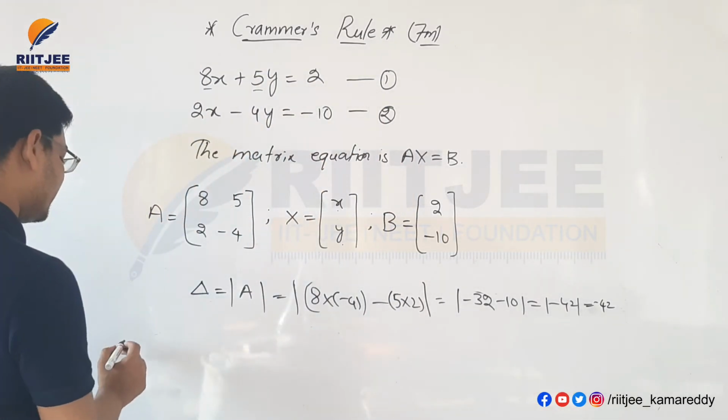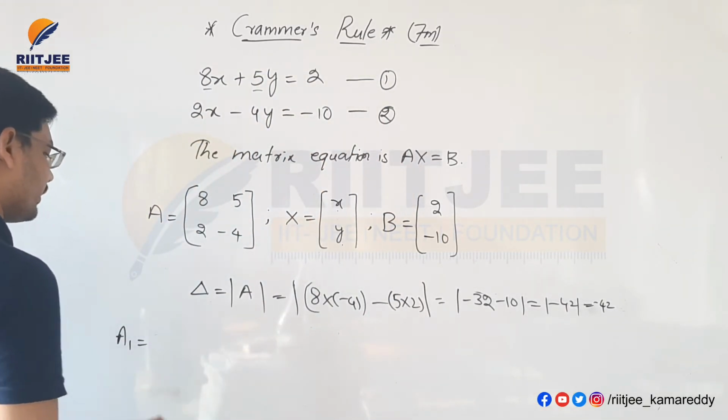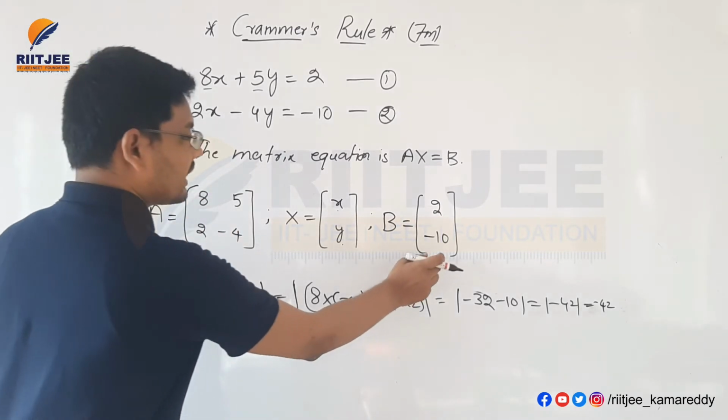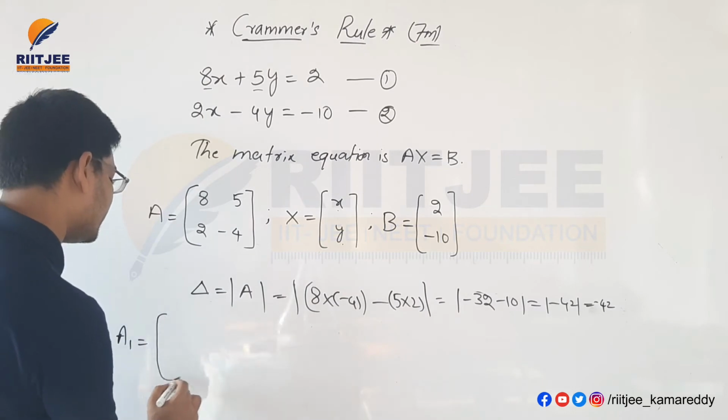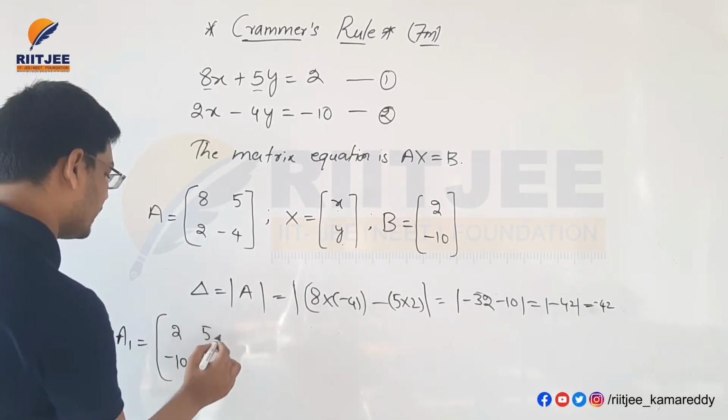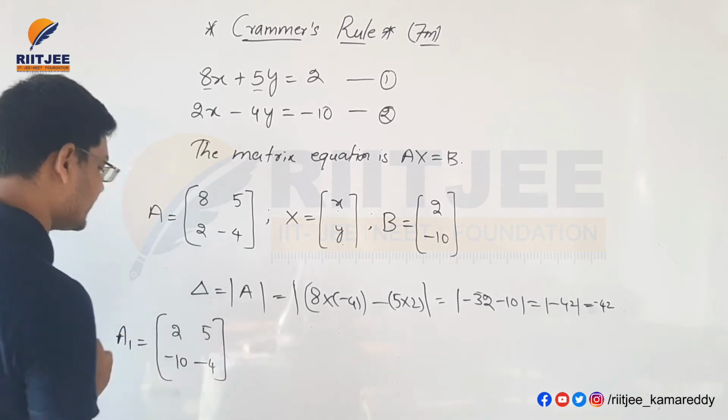Let's write the matrix A1. To write matrix A1, just replace column 1 with the constant matrix B. I am writing 2 and minus 10 with 5 and minus 4. This is matrix A1.